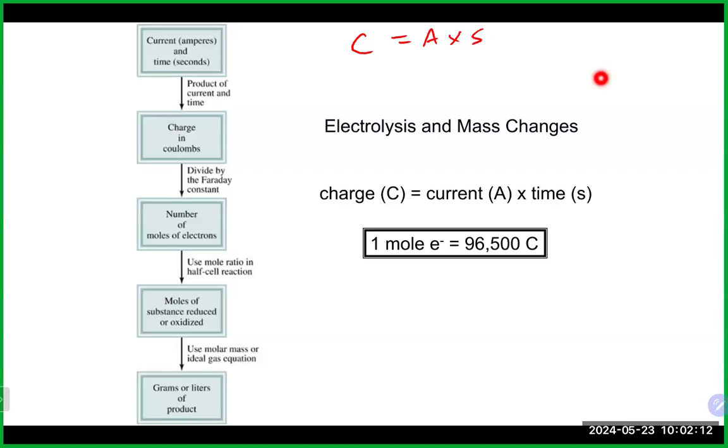So you could use this relationship since a lot of times they will give you the current in amperage. Amperage is equal to a coulomb per second. So that's an important relationship.